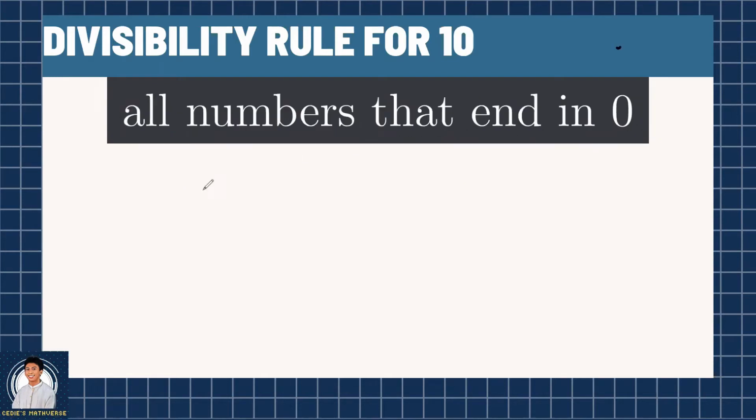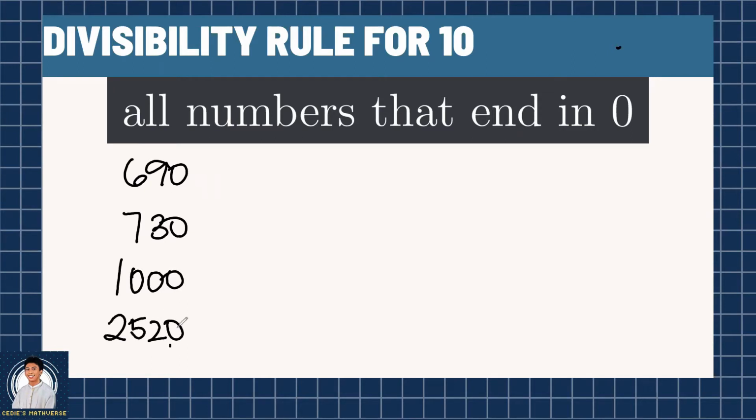The final rule, which simply checks the last digit of the number, is the divisibility rule for 10. All numbers that are divisible by 10 must end in 0. So for example, 690, 730, 1000, 2520 are numbers that are divisible by 10 since they end in 0.